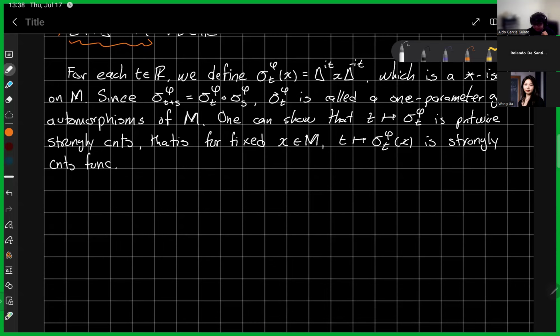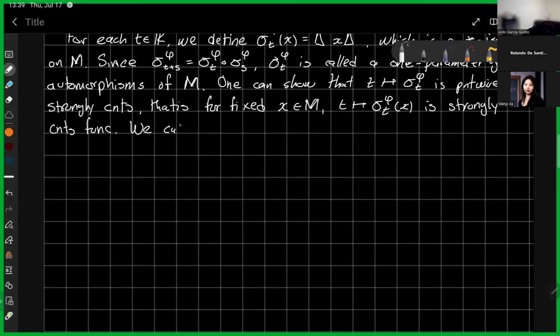Because this is a map from R into M, and by strongly continuous, we mean that whenever you apply a linear functional, any element from the dual, this will be continuous as a real function.